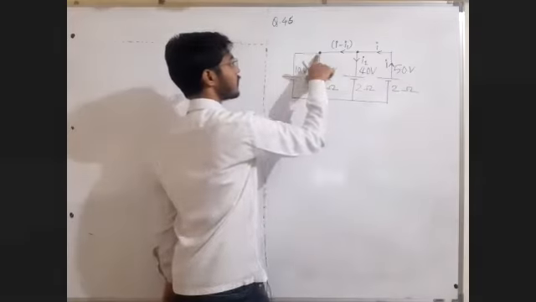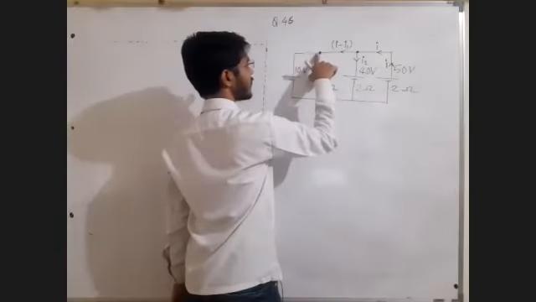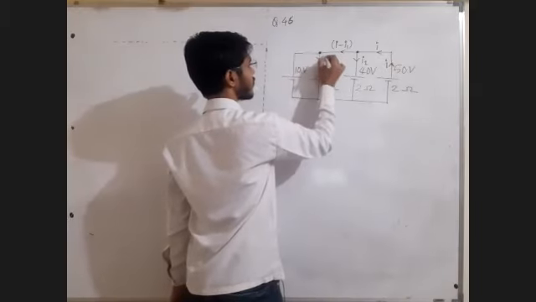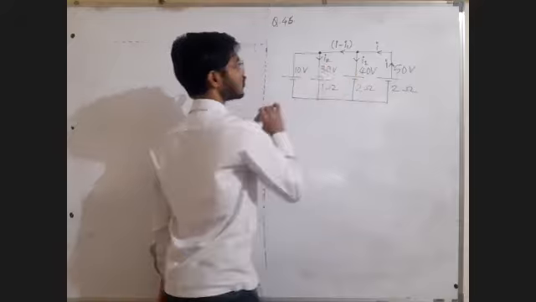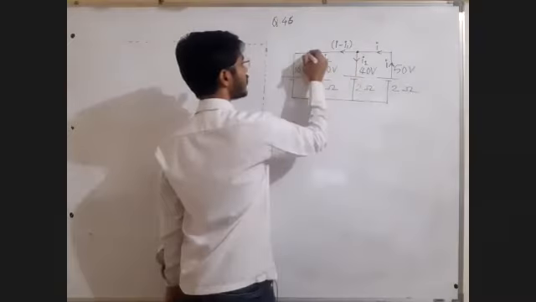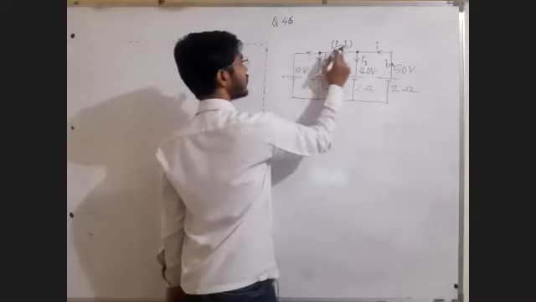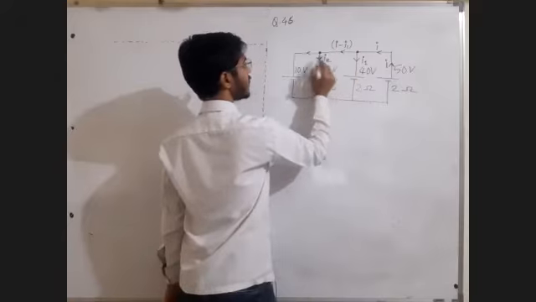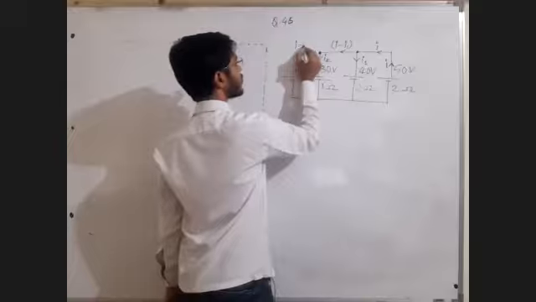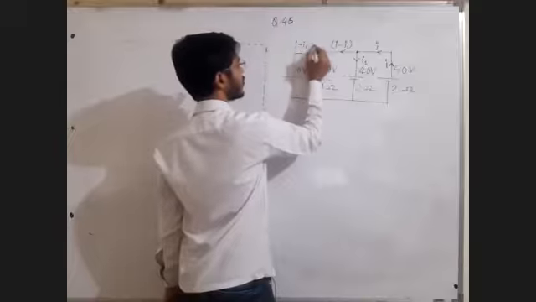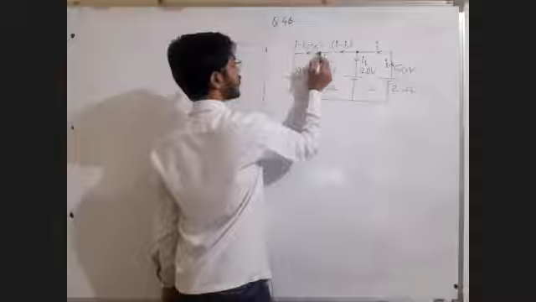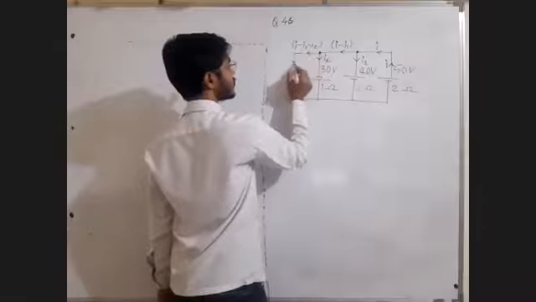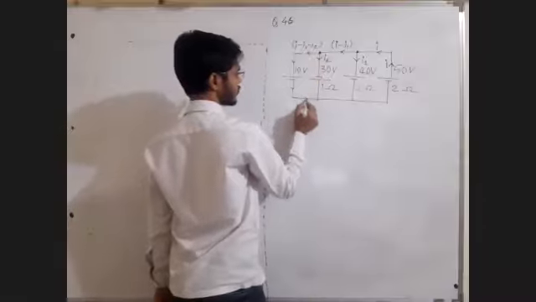This current I minus I1 will realize that again there are two paths. Let's say this current is I2, and the remaining current is I minus I1 minus I2. So let me write here I minus I1 minus I2. The same current will flow like this.